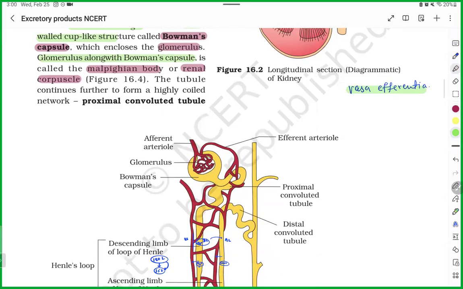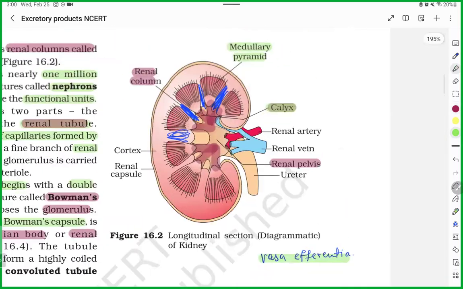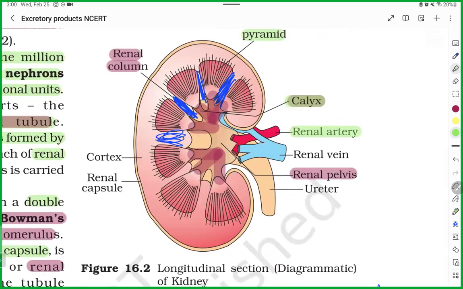Correct. So this diagram is extremely important. The renal artery will form the afferent arteriole, then the renal vein. Above, you have the artery. You have to know the sequence because in the exam it will be blurry, black and white most of the time.